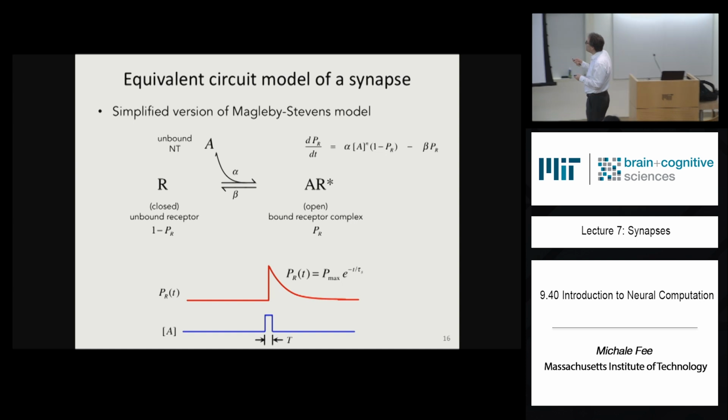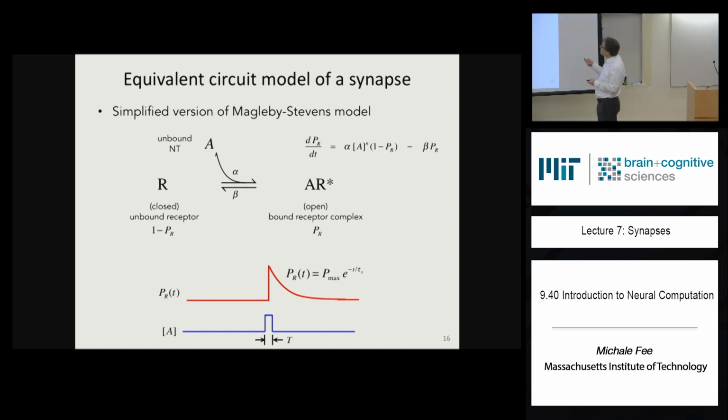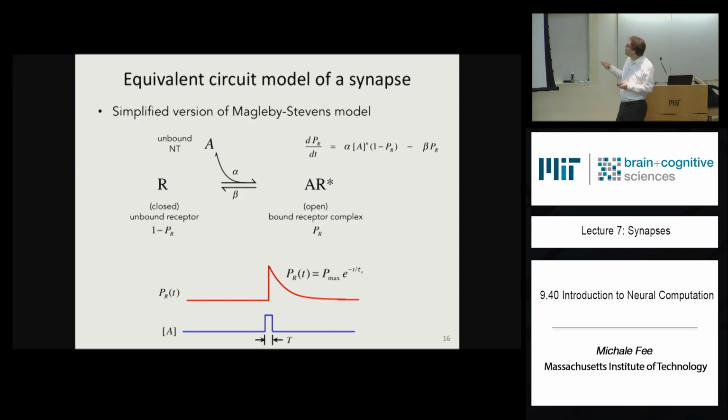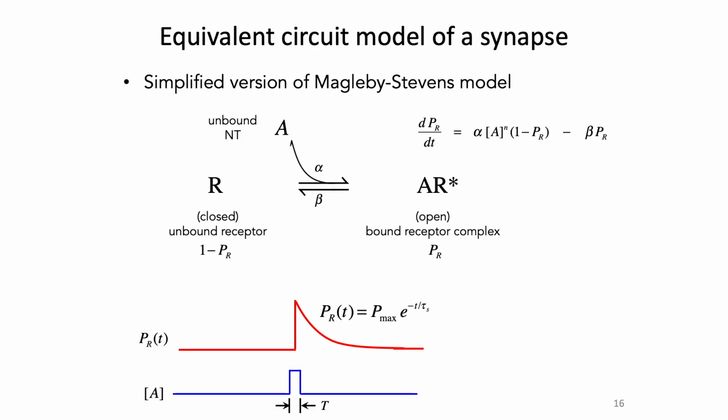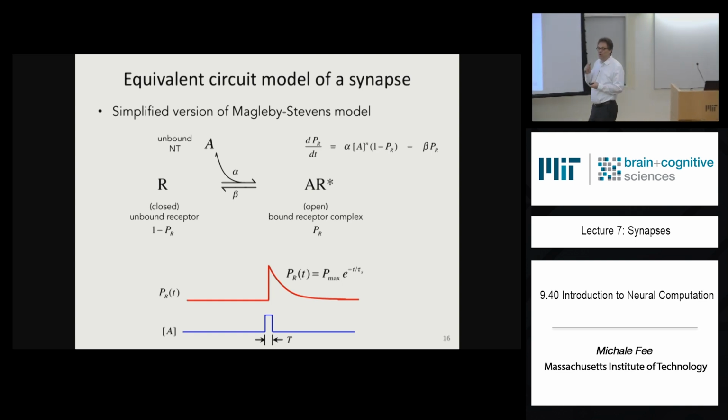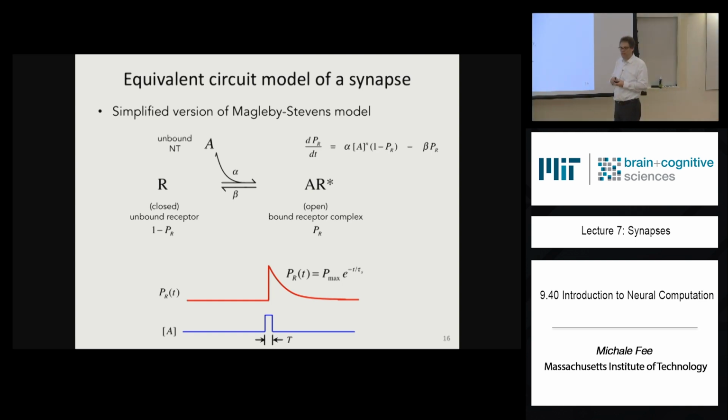So you can see that if the receptor requires 2 neurotransmitter molecules to bind before it opens, then you have a concentration squared. And that has really important consequences, because it makes the receptor very sensitive to high concentrations of neurotransmitter.